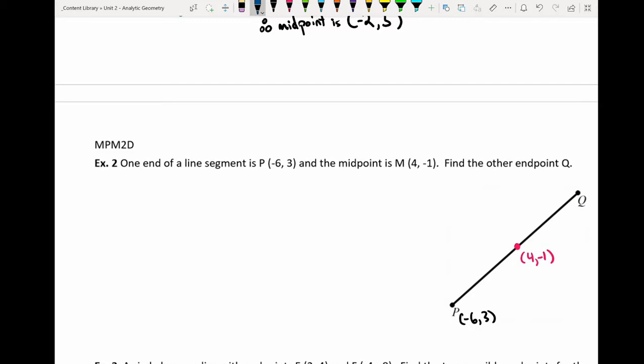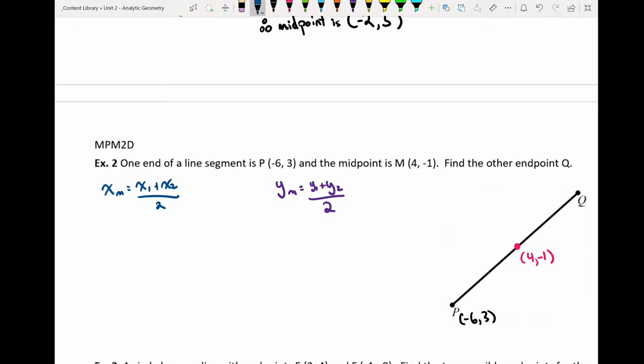So we're still going to use the same two formulas that we've dealt with. So our x midpoint and our y midpoint, remember, is x1 plus x2 divided by 2, y1 plus y2 divided by 2.